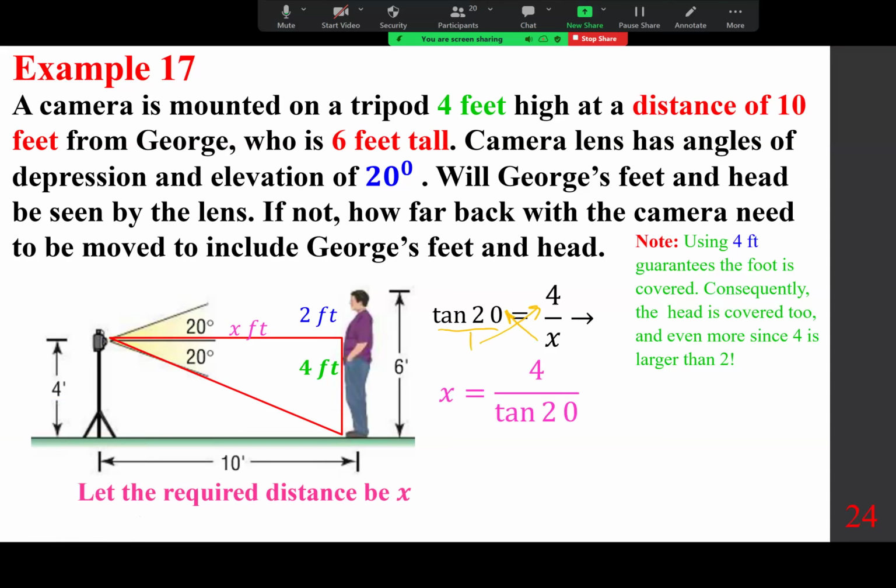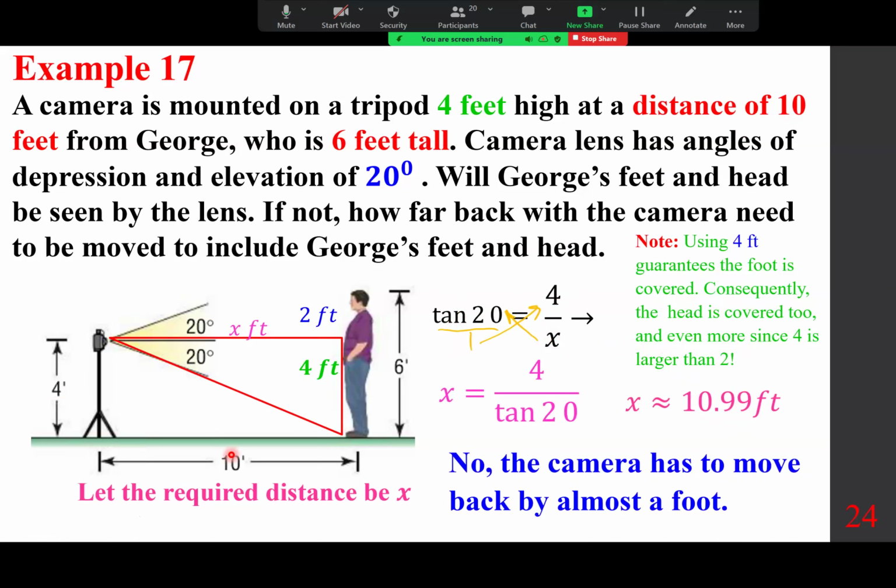So you can interchange those, because x times this is 1 times 4, and 4 divided by tan 20. You put it into a calculator now. When you put it into a calculator, you get 10.99, almost 11 feet. So the distance was 10 feet. That's not good. No, the camera has to move back by almost a foot.